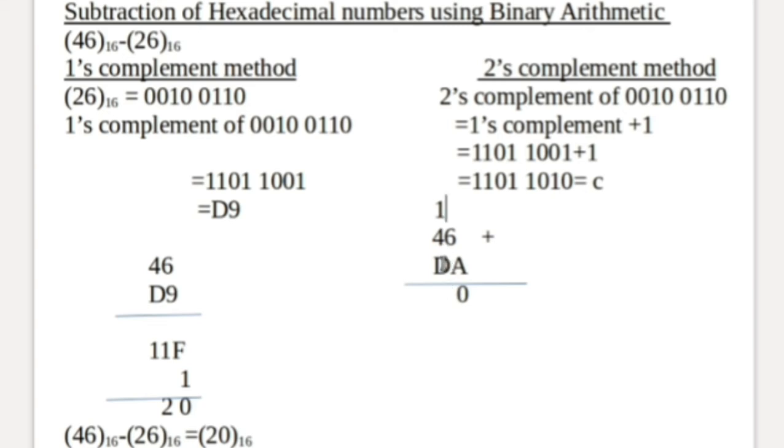Then add D, 4 and 1: D is equal to 13, 13 plus 4 is 17, 17 plus 1 is 18. The hexadecimal equivalent of decimal 18 is 18 minus 16 equal to 2, that means 12. So here 2, then carry 1. In the case of 2's complement addition, the carry is discarded. So our answer is 20.